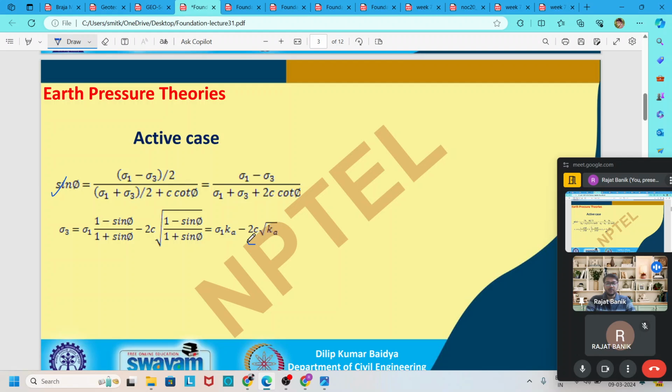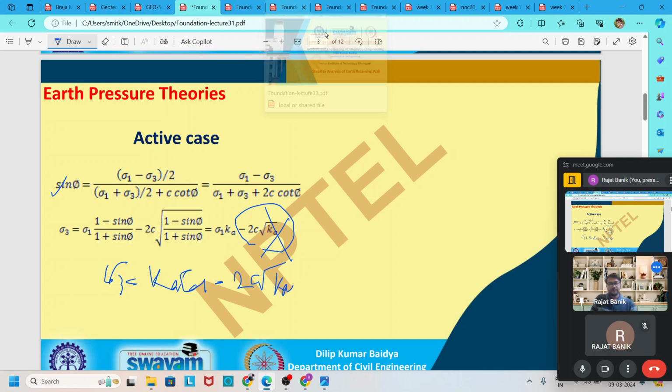If you remember our previous class, where we dealt with cohesionless soil, we get sigma 3 equal to Ka sigma 1. There is no cohesion, so this term is cancelled. If cohesion is present, an extra term comes in, minus 2c root Ka, which reduces the active earth pressure.